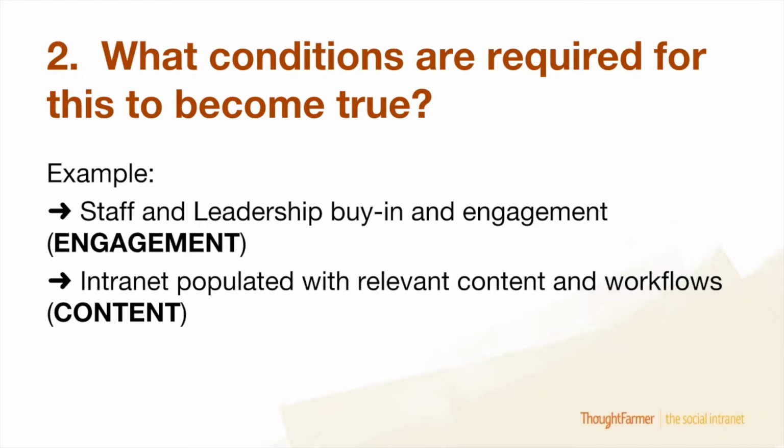The first one, if you would like people to be able to collaborate and be engaged, you're going to need engagement and buy-in from all of your staff, but also from your leadership team. If your objective is to have people able to access all of the content, you're going to have to make sure that the intranet is populated with relevant content, documents, and workflows.